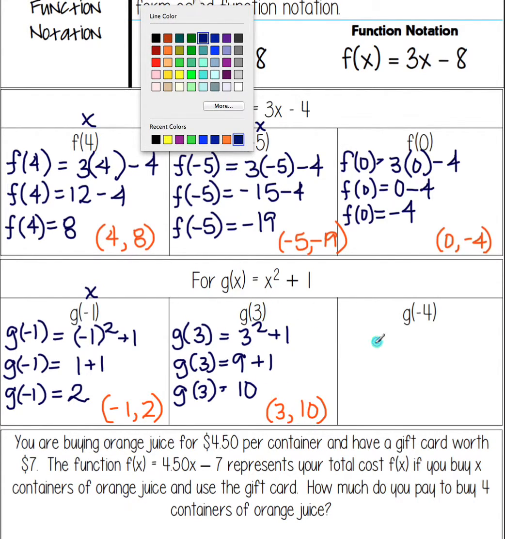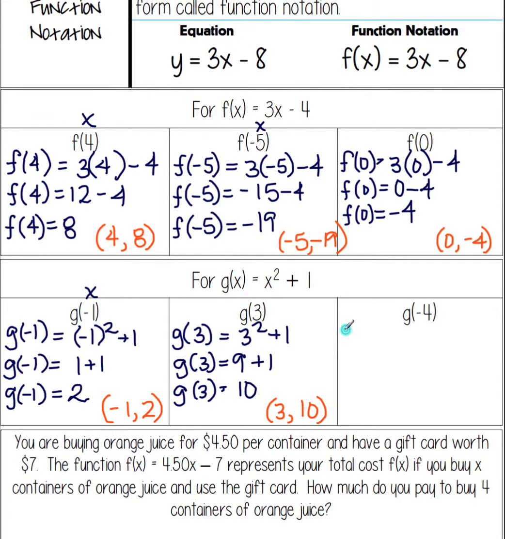All right, last one, g of negative 4. So g of negative 4 equals negative 4 squared. Make sure that you do put parentheses around your negative 4. If you don't put parentheses around your negative 4, it means something different. So make sure you put parentheses around that value.